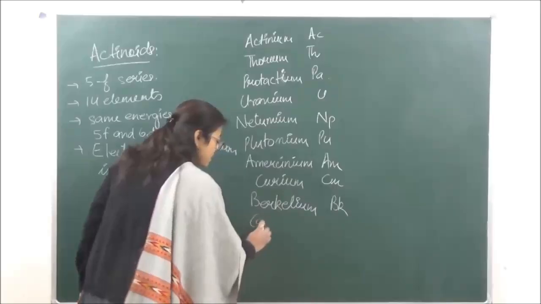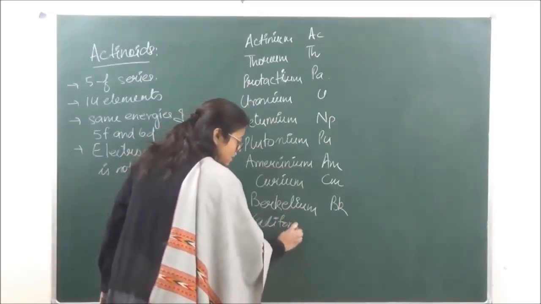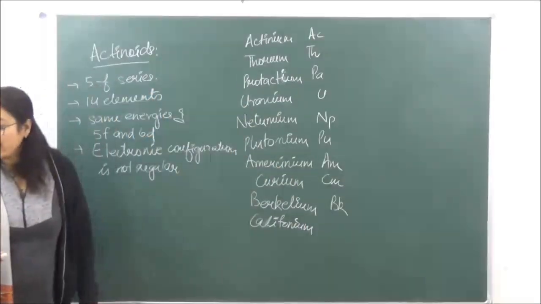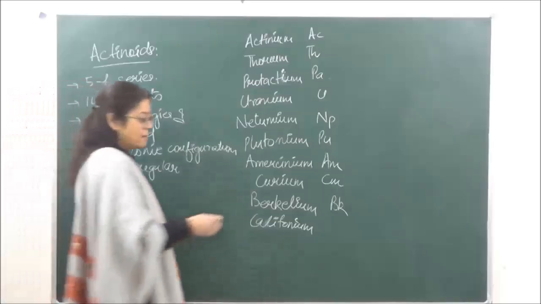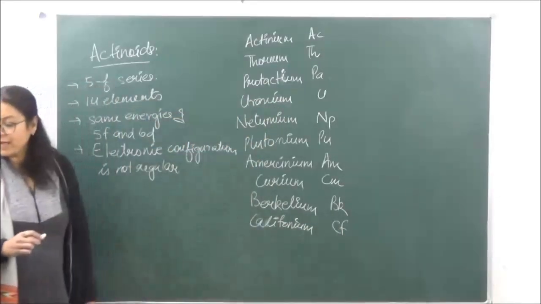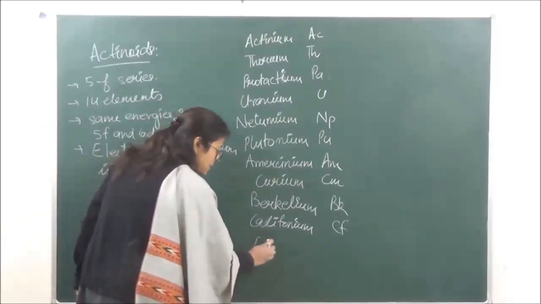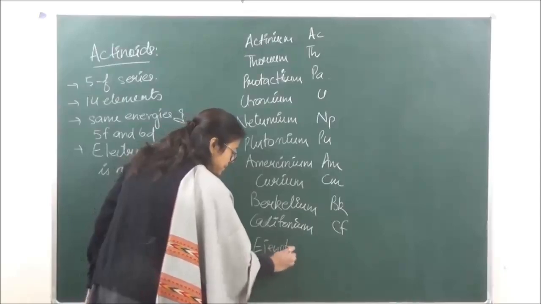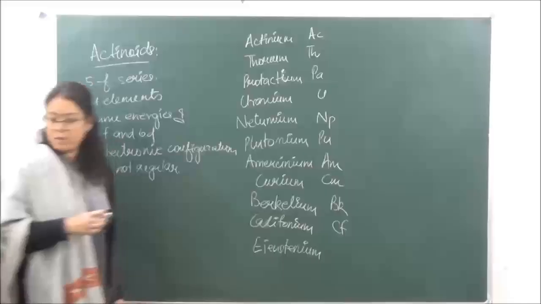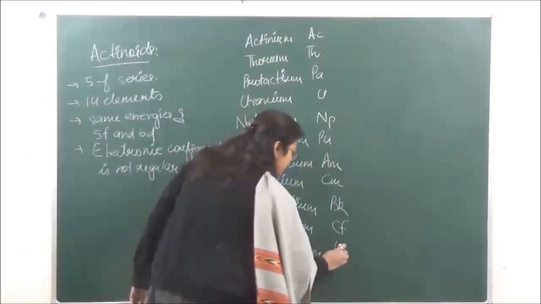Then we have californium, which has the symbol of Cf. Right? Then we have the next one, which is einsteinium, which has a symbol of Es.